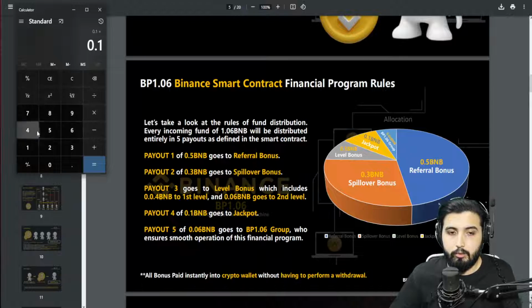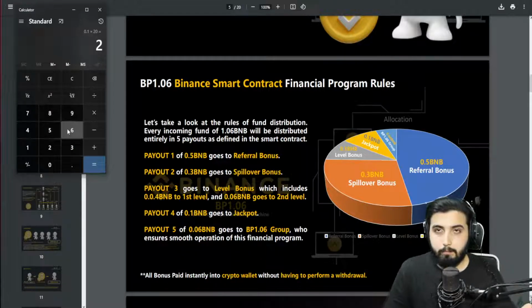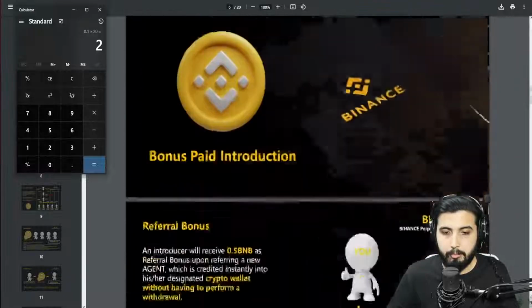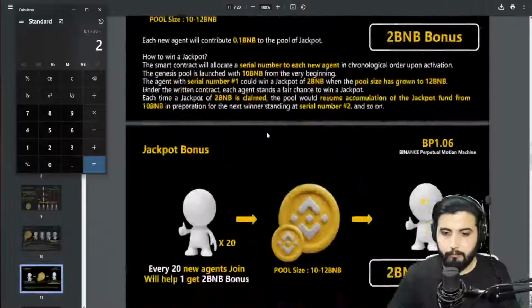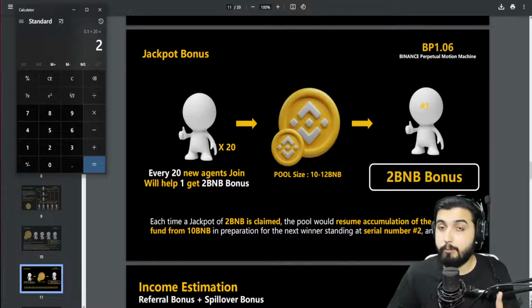So for that we will need around 20. Yes, almost. We need 20 people to invest in order to make 2 BNB. So if you come back here, every 20 new agents who join will help one person get a 2 BNB bonus. And that's how it happens.